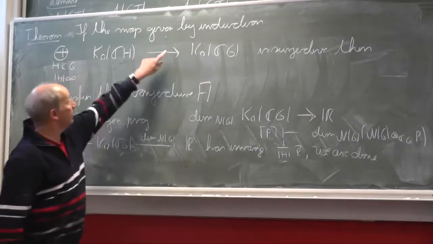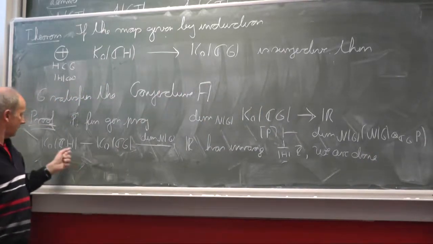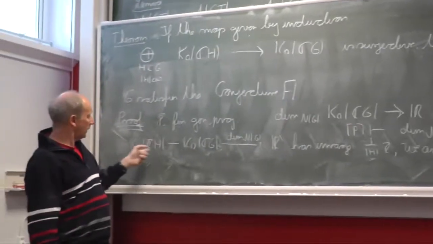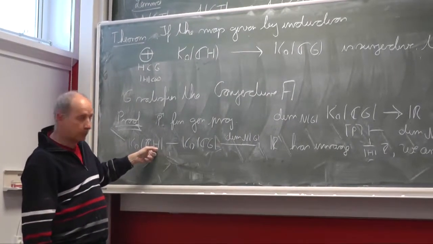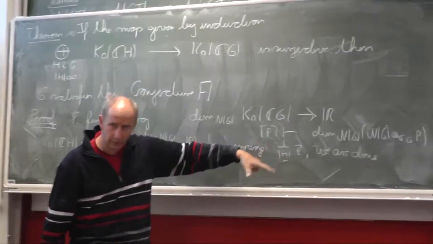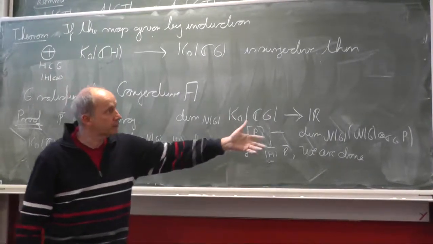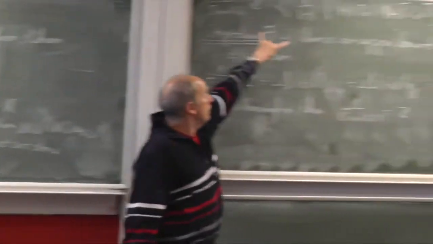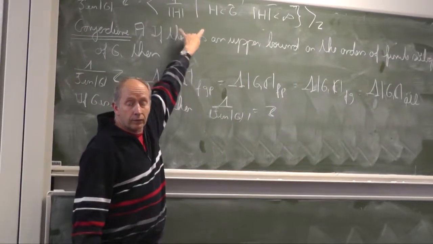Right, because I take an element in here, I can write it as a finite sum of elements coming from different subgroups here. So I take n times one order plus m other order. This is just what needs to be generated by these elements.